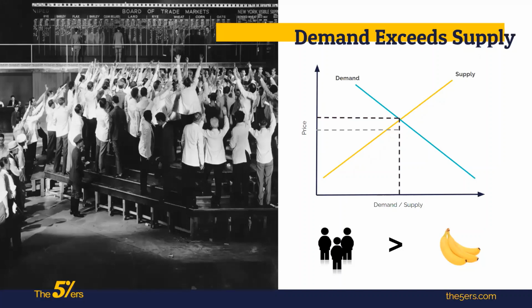One is that demand exceeds supply, where more people are asking to buy that commodity. There's not enough commodity, so price will go up until there are enough sellers to satisfy the buyers. What happened to price? Price is going to be higher than it was before.